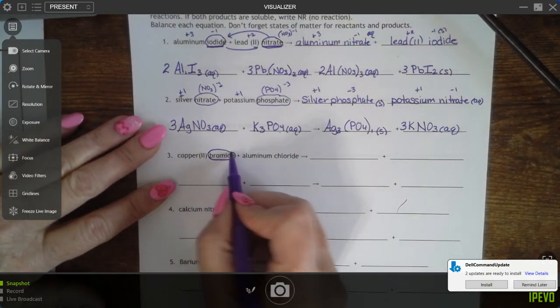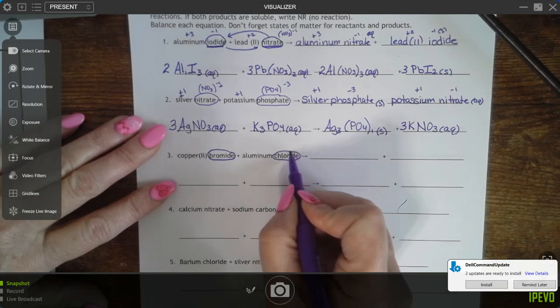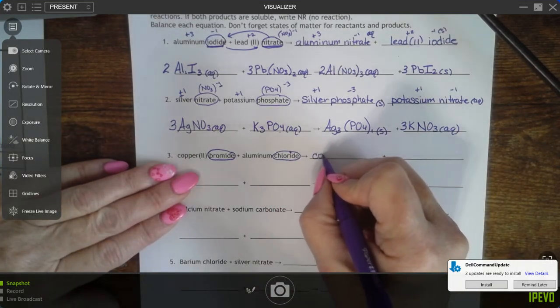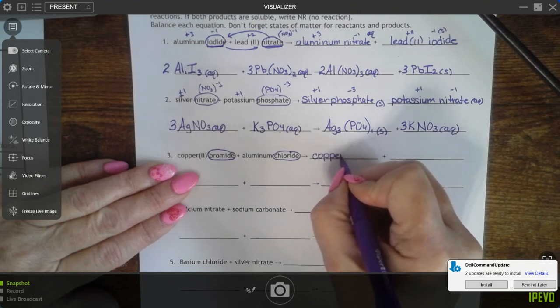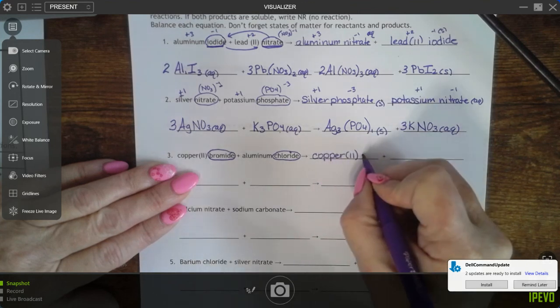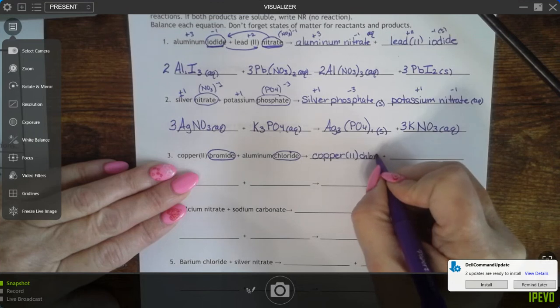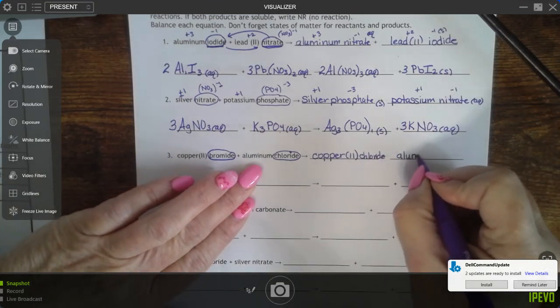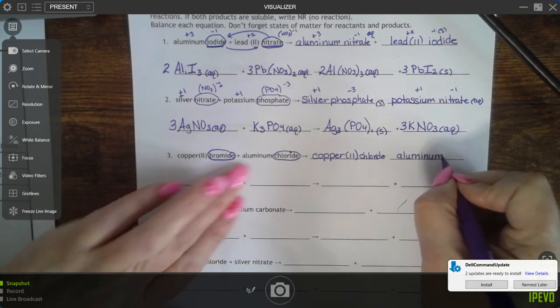So the bromine and the chlorine are going to switch places, which will give me copper 2 chloride plus aluminum bromide.